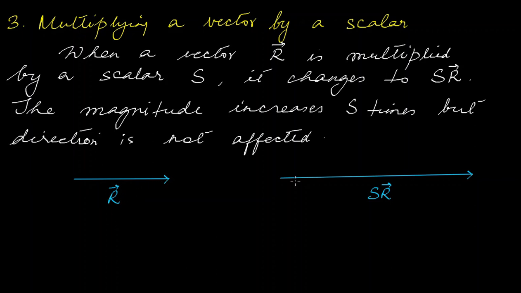Now when you multiply it with s, the length increases depending on the value of s. If s is less than 1, then the length will decrease. Got it? Depending on the value of s. But the direction, both the directions are the same. The direction is not affected. Understand?